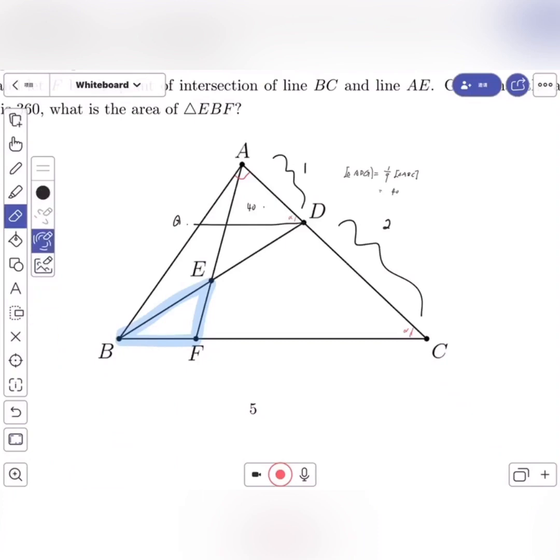And what other information can we extract from this? Well, we see this triangle right over here. Try to not overthink here, because you don't need any similar triangle. You just need to know the base.